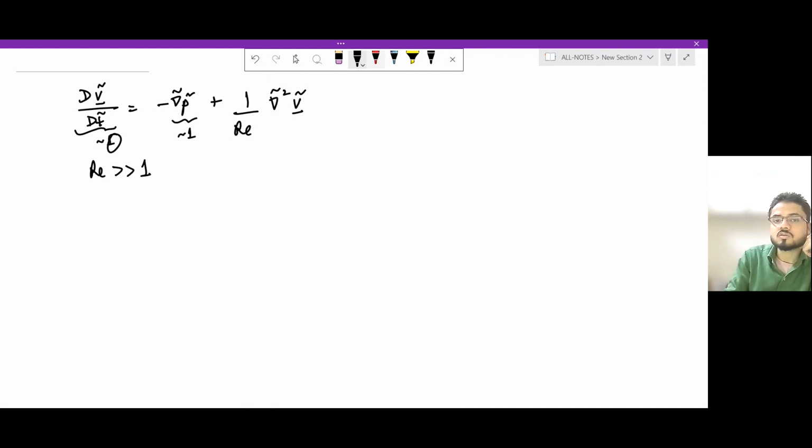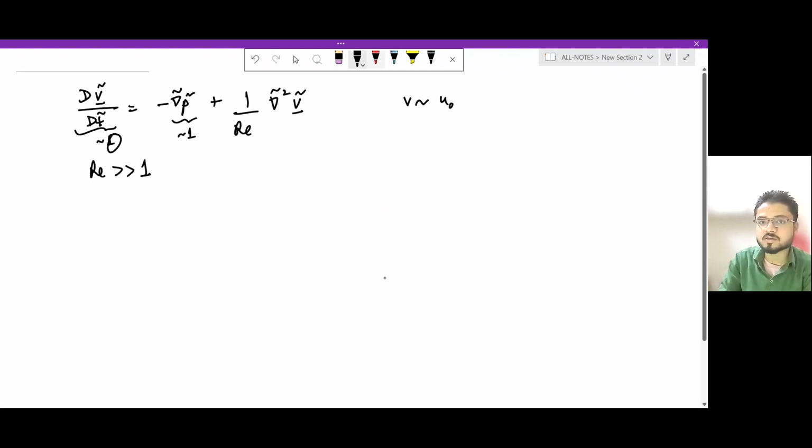So if you had to scale something like V, it might be twice, thrice, four times, or a quarter, a significant or insignificant percentage of the characteristic velocity, but it would carry a factor of u naught.